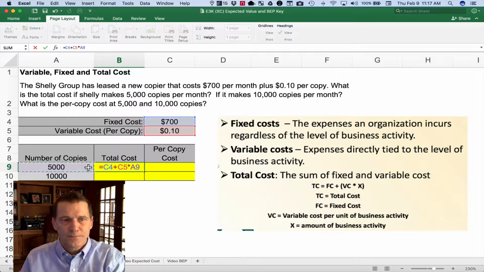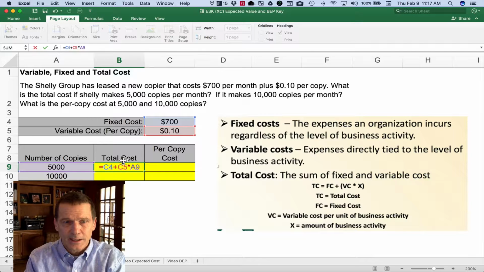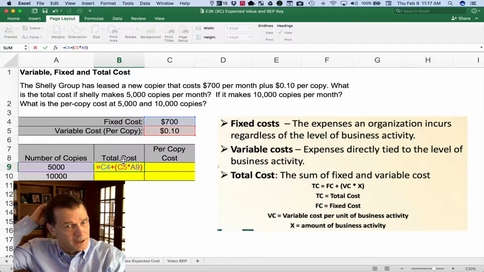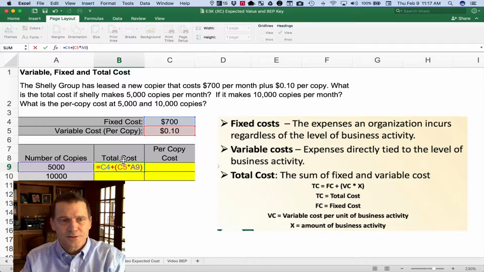So that would be C4, our fixed cost, plus C5, our variable cost, times the volume. And to make it really clean, we should always put those in parentheses where we're doing a sub calculation. Hit return and you get your answer.